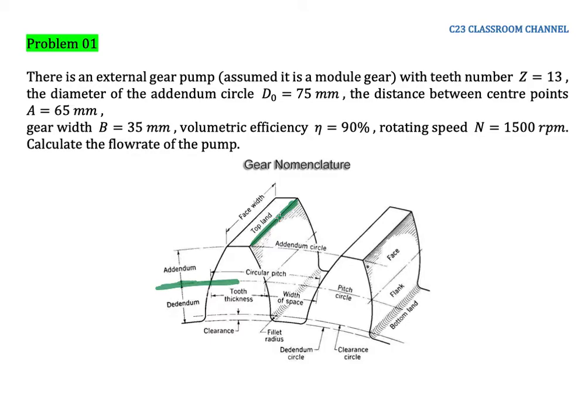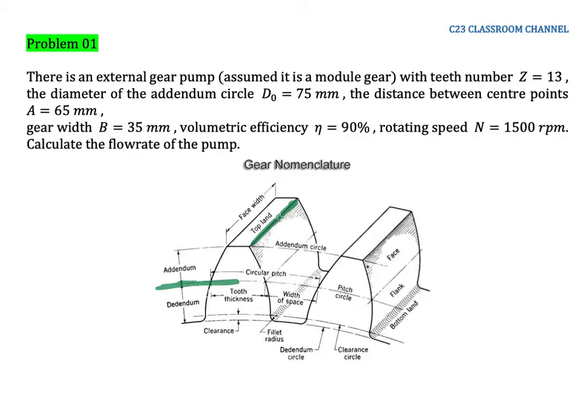The level of that point is not too high, because the capability of gear pump and lobe pump is not to elevate, not to push the liquid up to a certain elevation.